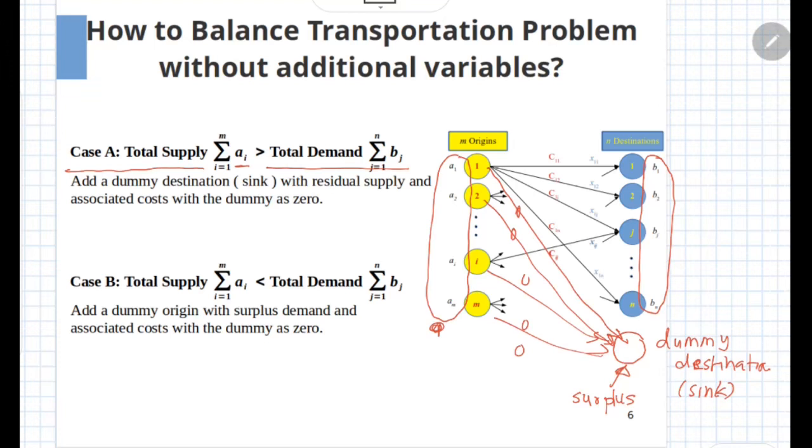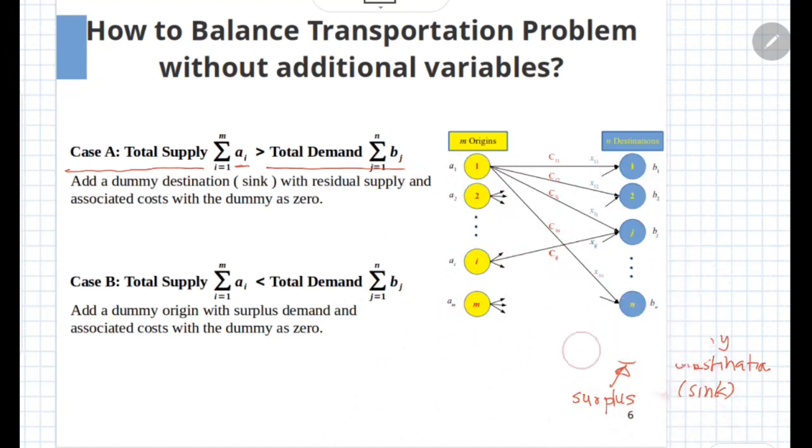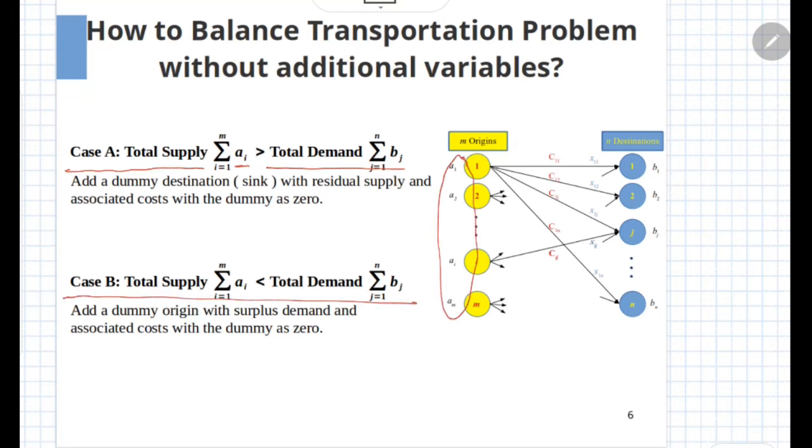Now let's consider the scenario which is opposite to what we have seen, where the total supply is smaller than the total demand. So in this case, the quantity which is available at the origins is smaller than the quantity which is to be supplied to the destinations. As you can extrapolate from the previous approach, in this case the strategy is opposite.